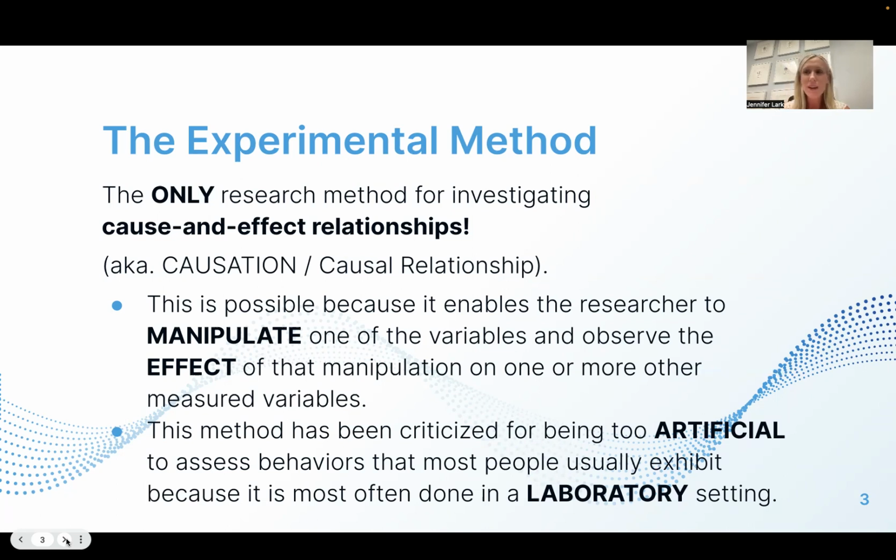And if I tried to bring them into a lab and design some artificial activity for them to go through, I'm really not going to get very authentic results. My results would be artificial because the situation would be too artificial. So, the big pro of this method is that it can establish cause and effect relationships. The drawback is that it can be artificial. So, we only want to use this method when we're trying to establish a cause and effect relationship between variables.